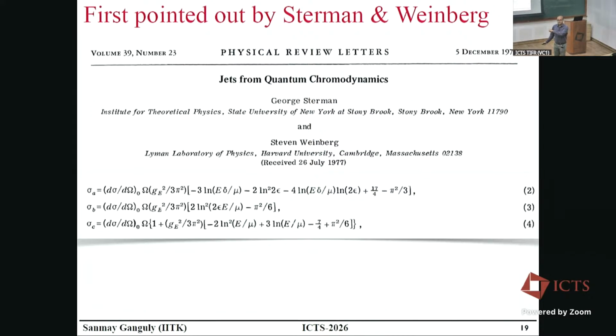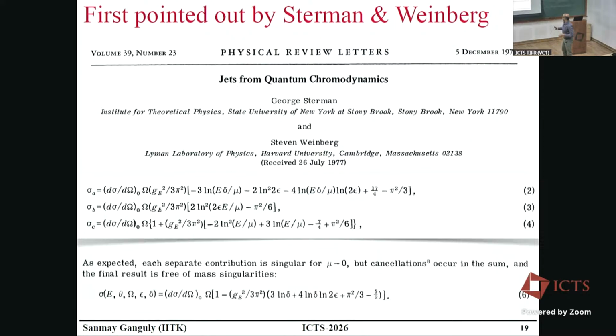That I will come to, that I will explicitly show. But this is just a historical slide that the first time this was written down was by George Sterman and Weinberg, and they computed the cross section, which is now properly done if you open Matt Schwartz's QFT book, and you should reproduce the computation.